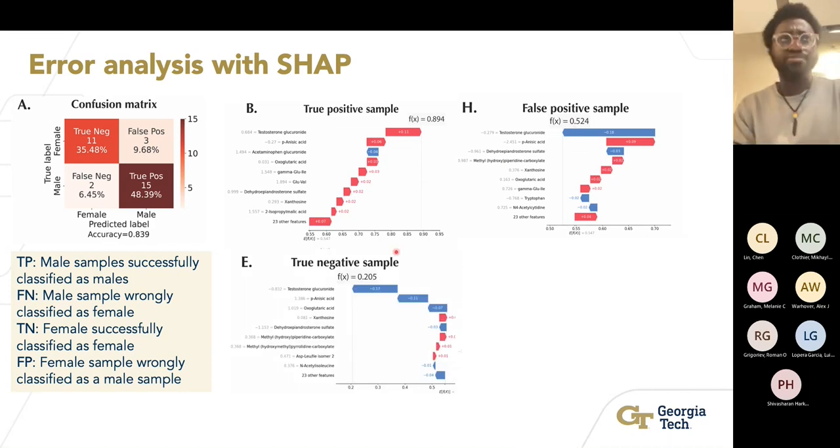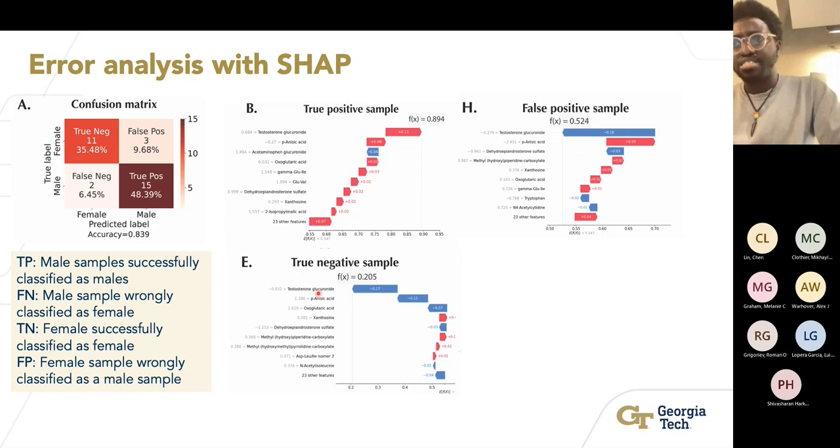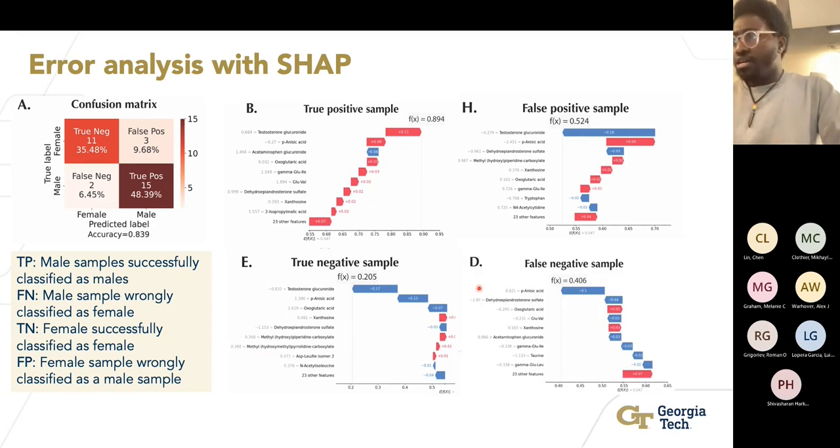The next is the true negative sample, a female sample that is correctly classified as female. It has a very low level of testosterone glucuronide, and of course the prediction is female. Finally, we have a false negative sample, a male sample that is wrongly classified as female.